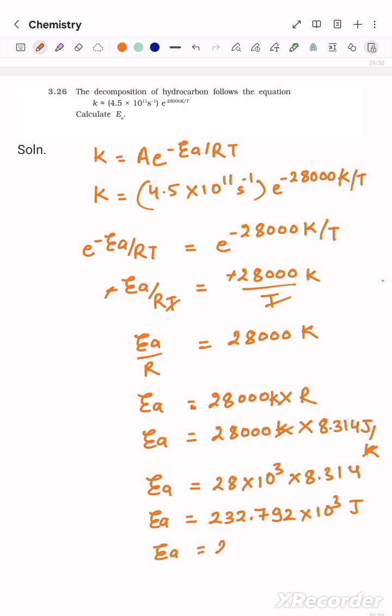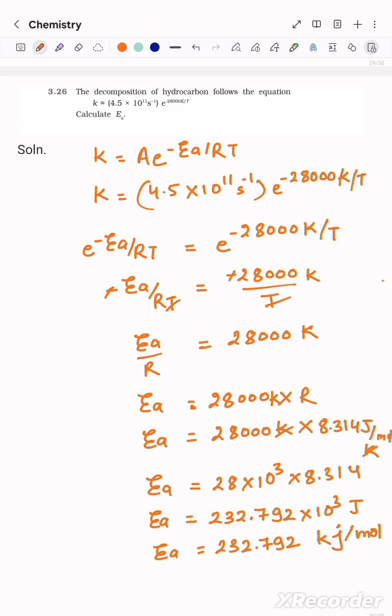So Ea is equal to 232.792 kilojoule per mole. Here mole is also given because the gas constant unit is joule per mole per Kelvin. So this is the answer.